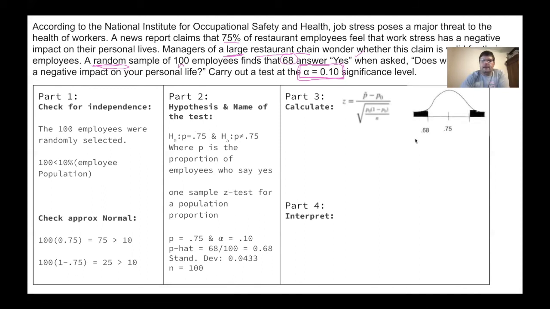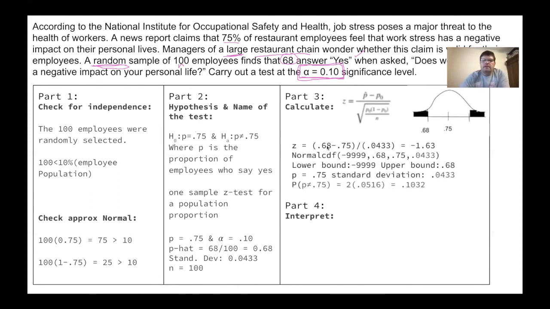Since this is a not equal to, we have a tail on either side. And so we're going to take 0.68 minus 0.75 and divide that by the standard deviation, and that gives us a negative 1.63. Then we're going to go and figure out the probability of our experiment.